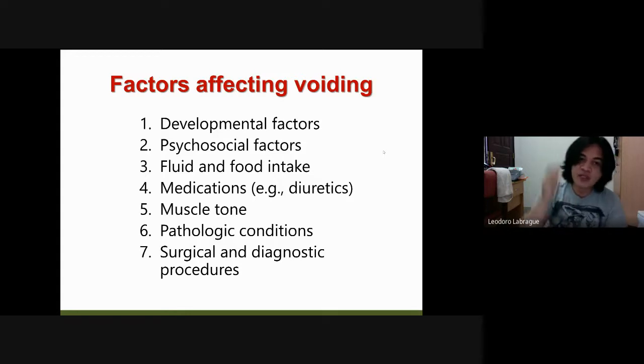Now, it's very important for you to know these factors because it will help you in developing nursing interventions.